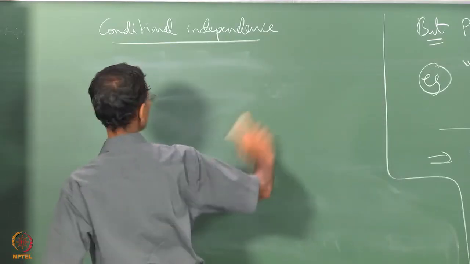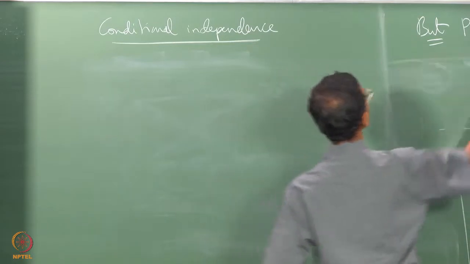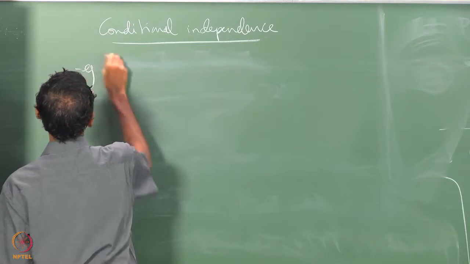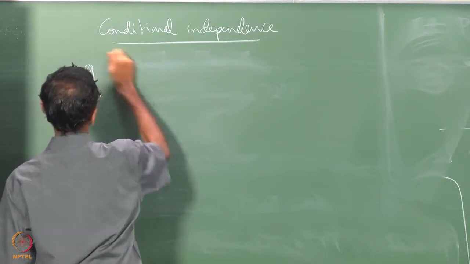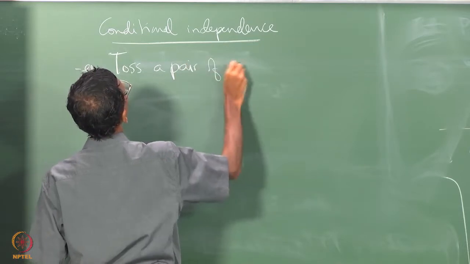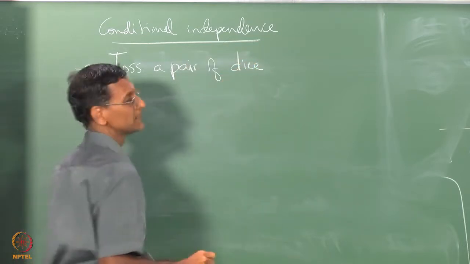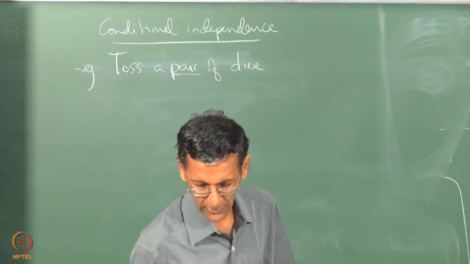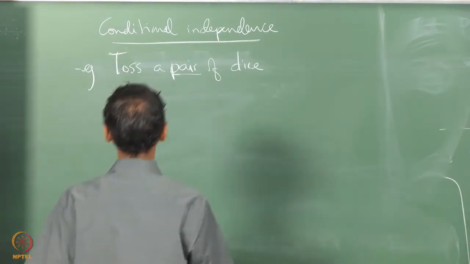Another example of conditional independence comes when you toss a pair of dice. I am not going to work out this in great detail, I am going to let you do it yourself.